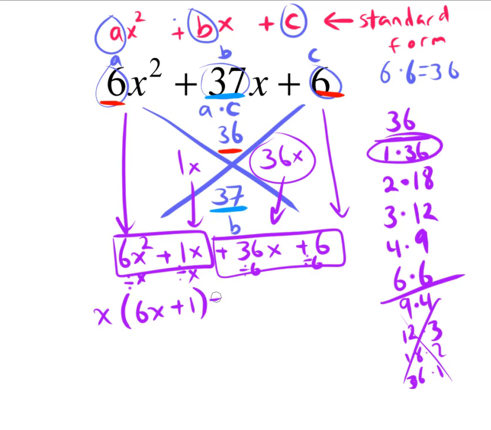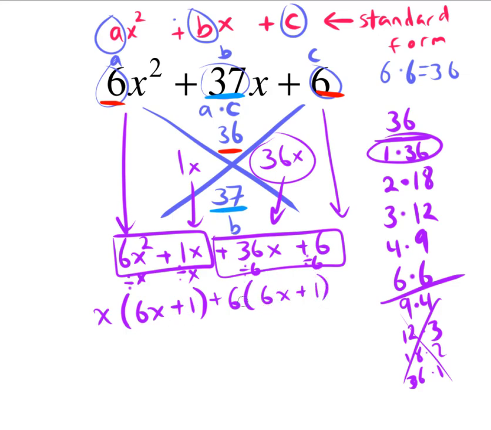And I get plus 6, right? 6 comes out of the parentheses now. And 36 divided by 6 is 6. I couldn't factor out an x because this one didn't have an x, sadly. So I have my 6x now. And 6 divided by 6 is 1. So now you'll notice that something cool has happened.